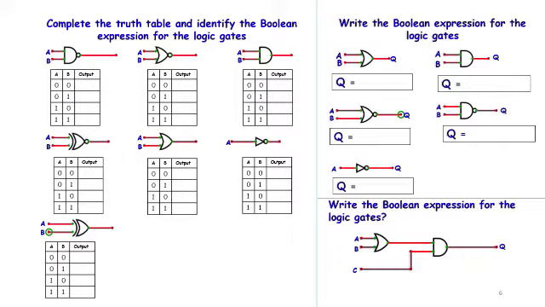This gate looking like D is AND, but with the small round knot on it, it makes it NAND.